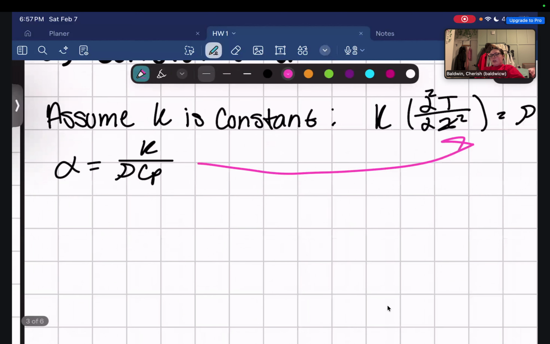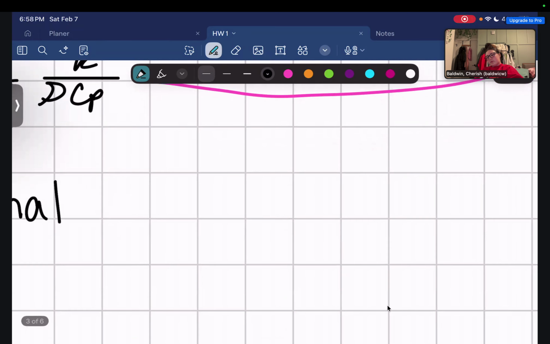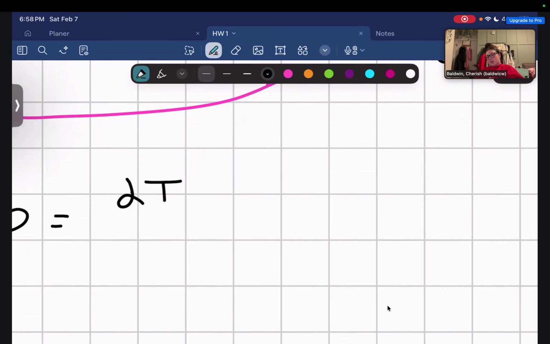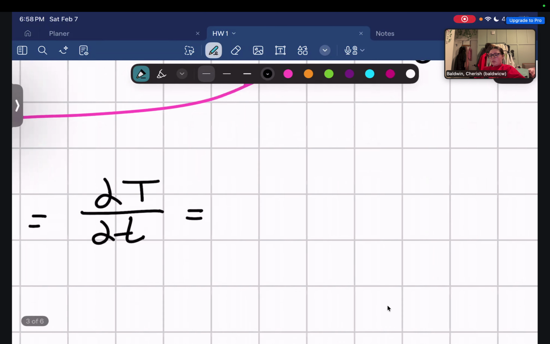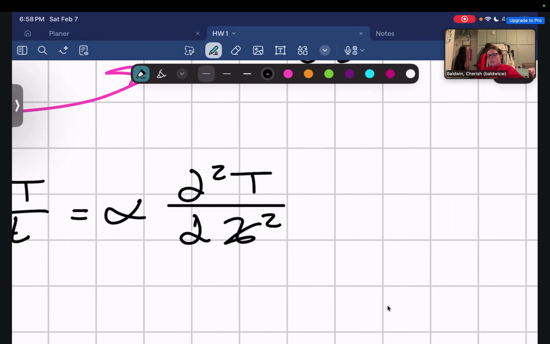and for the final heat equation for 1D, the partial derivative of temperature over the partial derivative of time is equal to the heat diffusivity times the second derivative of temperature over the second derivative of distance.